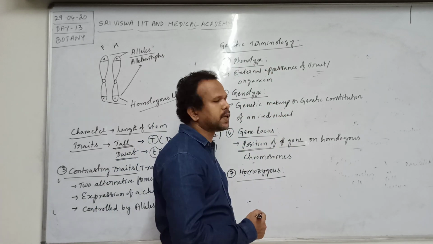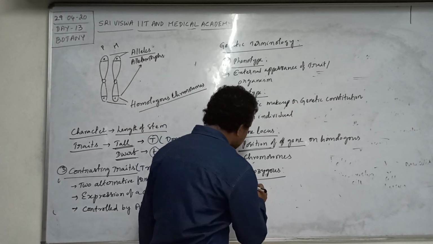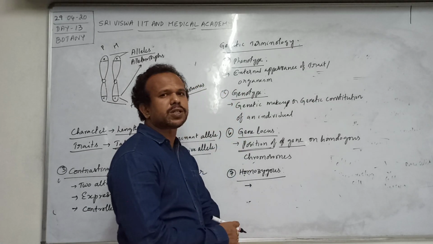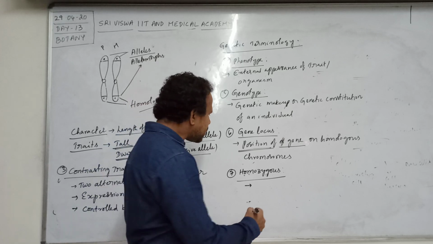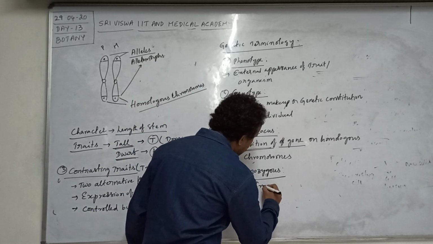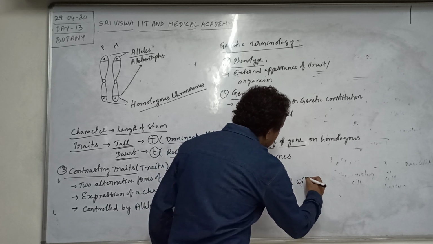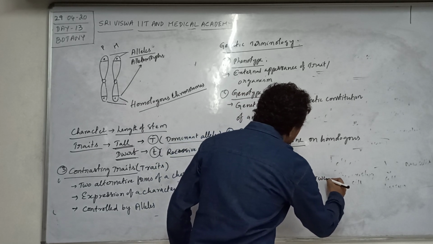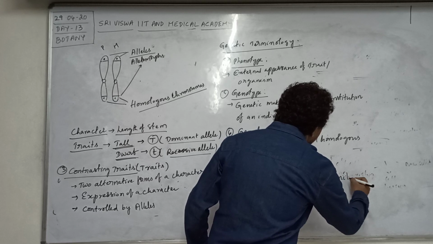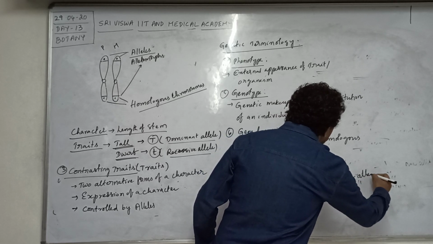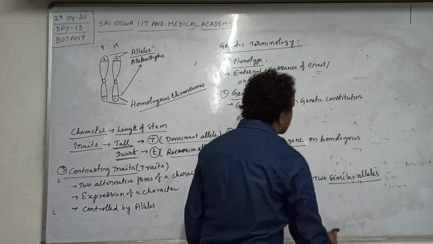For example, homozygous means simply, what is the definition for homozygous? An individual with two similar alleles, very important.